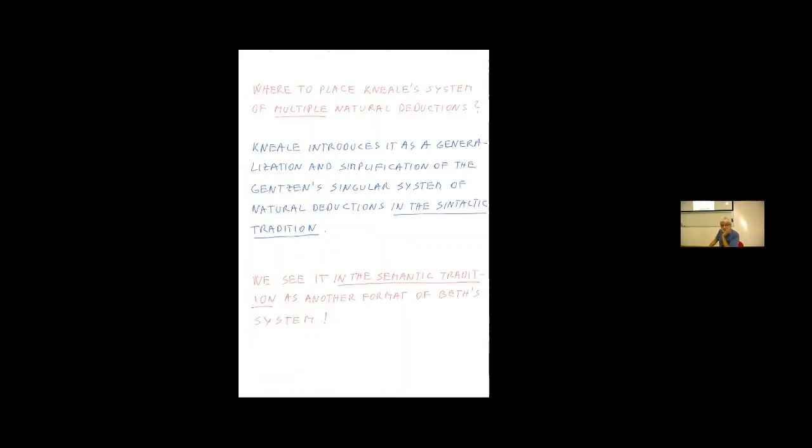And now to Kneale's system. Kneale, in his book on the history of formal logic, William and Martha Kneale's classic history of logic, has a chapter on natural deduction, and in this chapter he introduced multiple natural deduction, which means a natural deduction system with multiple consequences.